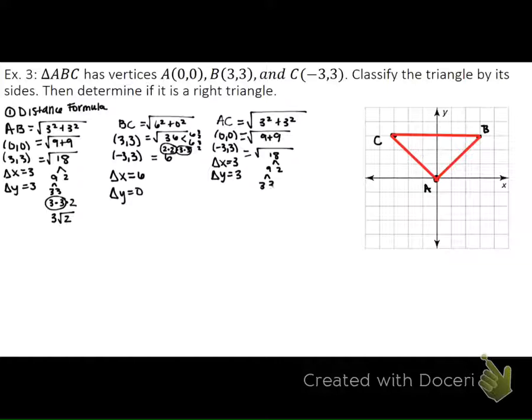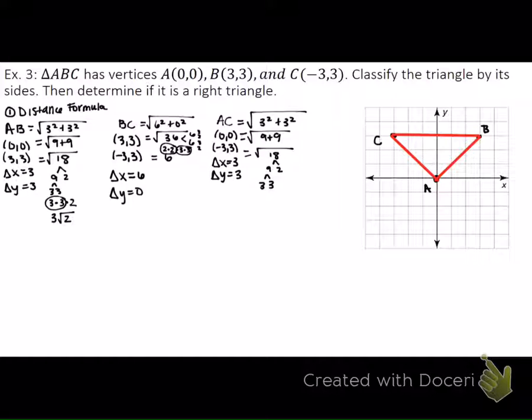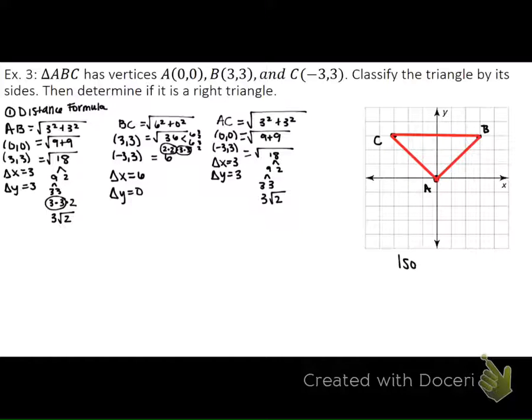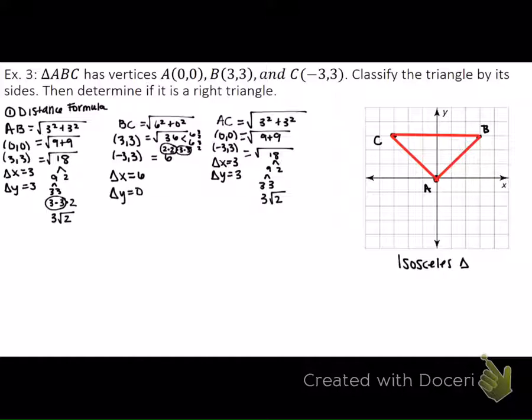So how does that simplify then? Okay, 3 square root of 2. How many sides are congruent? 2 sides are congruent. Hayden, what is the name for that kind of a triangle? So far we know this is an isosceles. We don't know if it's right or not yet, so that's the next thing we have to do.